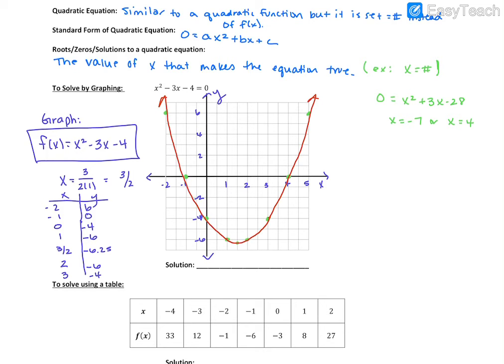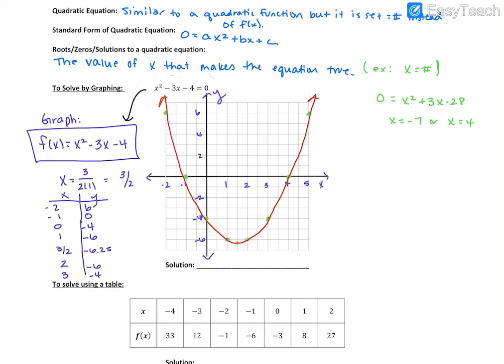Now, when I go to write my solution, this is not my solution. My graph is what's allowing me to graph my solution. So remember, I actually graphed f of x equals x squared minus 3x minus 4, right? It's right here. So this is what I actually graphed.